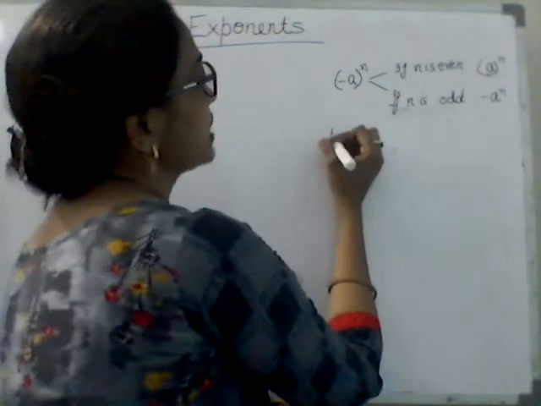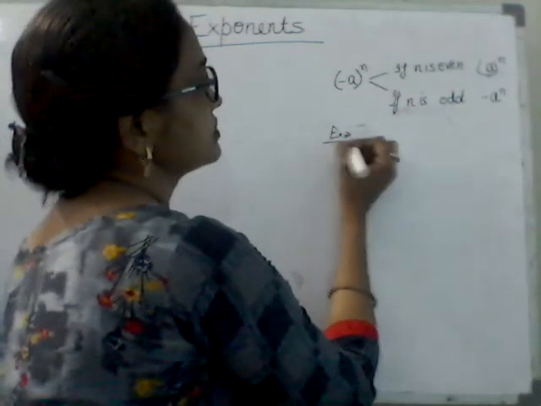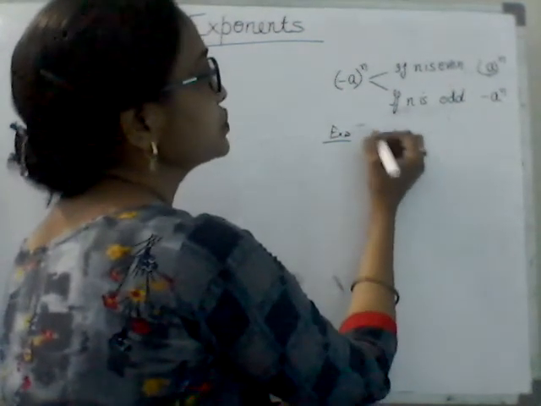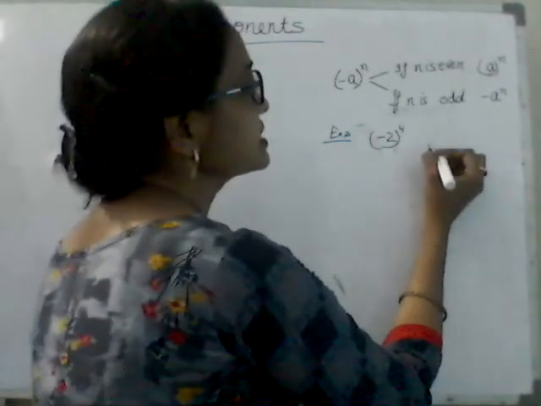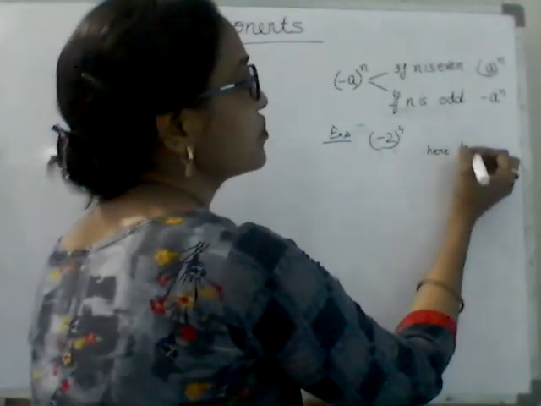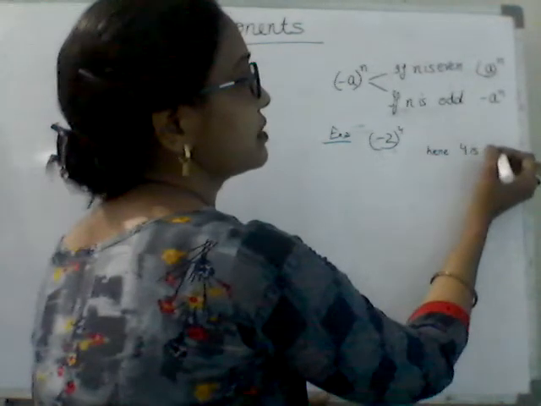Let us take an example: (-2) to the power 4. Here 4 is an even number.